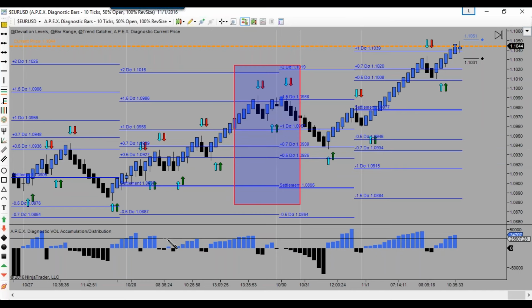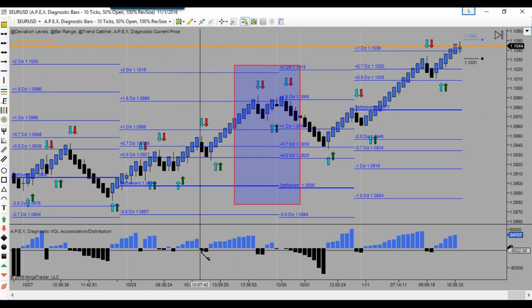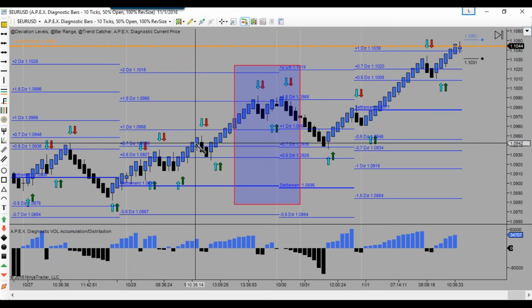Down here, if you notice, this is what we call our volume accumulation distribution, also known as VAD, V-A-D. Now, a lot of you are familiar with volume, but most volume indicators measure the volume of a bar itself, just a bar itself.